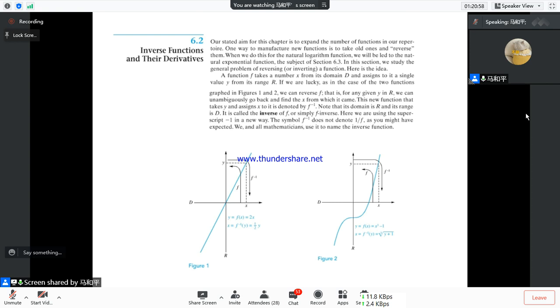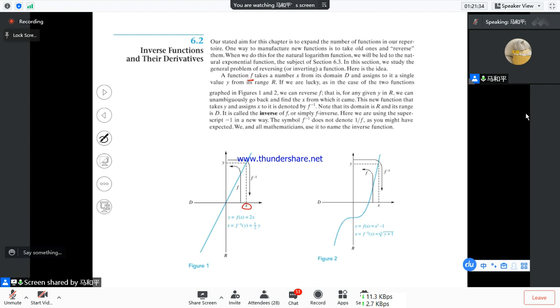In this section, we study the general problem of reversing a function. Here is the idea. We have a function f. A function f takes a number x from its domain D and assigns to it a single value y from its range R, like this.